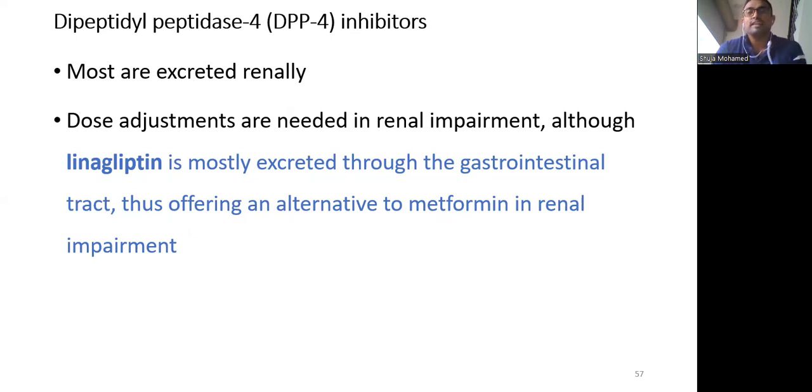It is an alternative to metformin in renal impairment because linagliptin is excreted via the gastrointestinal tract. We have seen earlier that if you want to start metformin and the GFR is less than 45, you do not start. In that situation, you can use linagliptin.